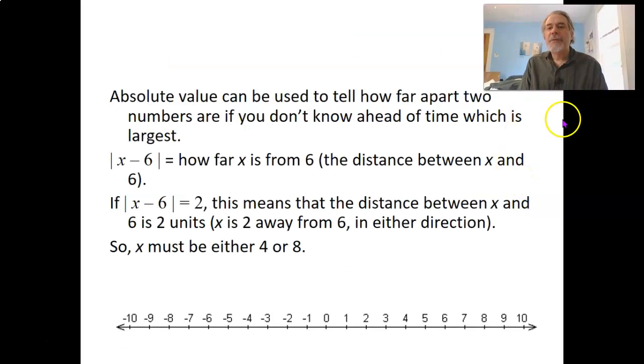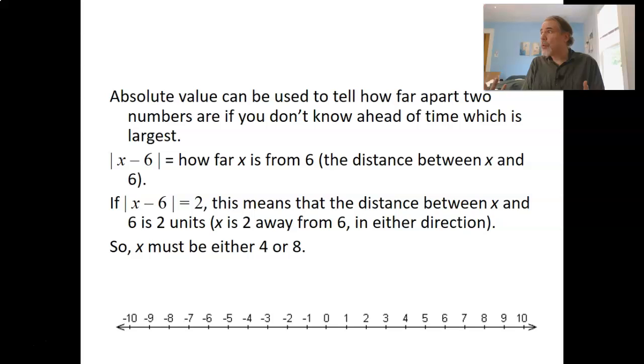But they're both 3 spaces from 0 in one direction or the other. And then if we were talking about not just how far a number was from 0, but how far apart 2 numbers are, if we didn't know ahead of time which one was bigger and which one was smaller, absolute value can also be used for that. The absolute value of something minus something else tells you how far apart those 2 things are.